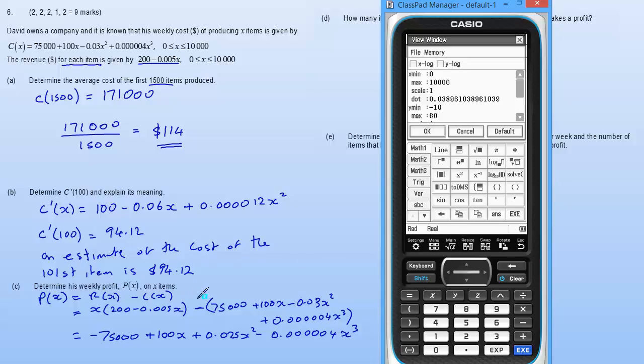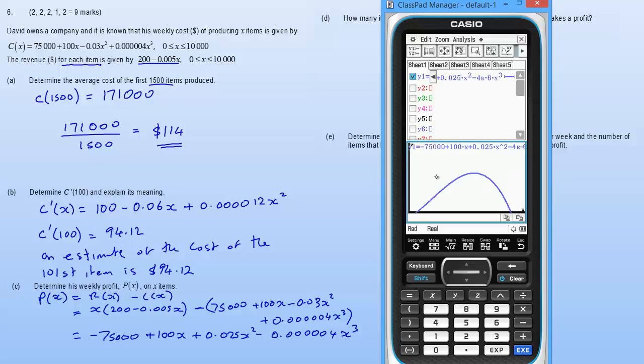And we know that the costs could be quite big, so the profit's likely to be quite big as well. So let's make that up to 1 million or something. See if we get a better picture. There we go.